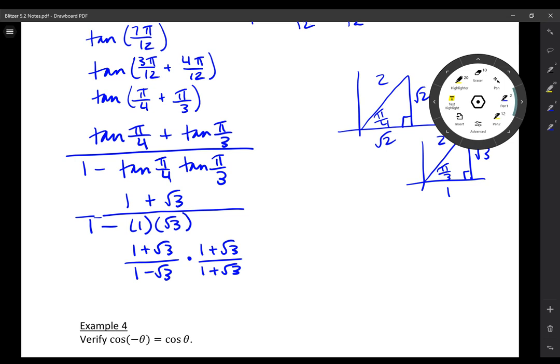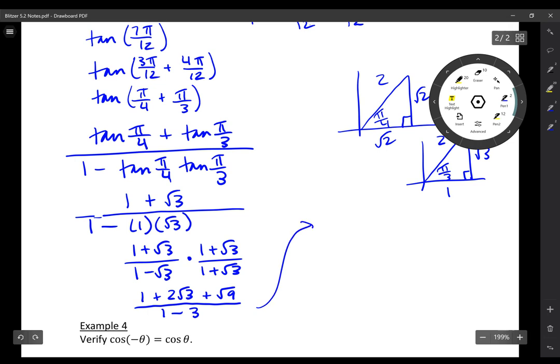So I'm going to have, let's see, 1 times 1 is 1. In my middle term, 1 times square root of 3 doubled would be 2 square roots of 3. And then square root of 3 times square root of 3 would be the square root of 9. In my denominator, I know I'll just have 1 squared is 1 minus square root of 3 squared is just 3. So a little bit more work to do here.